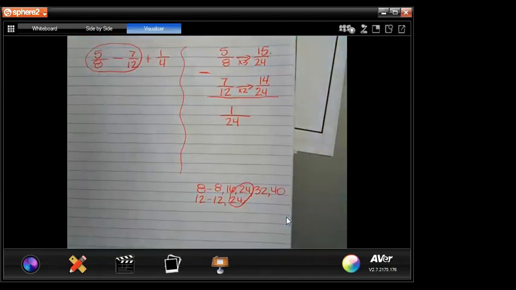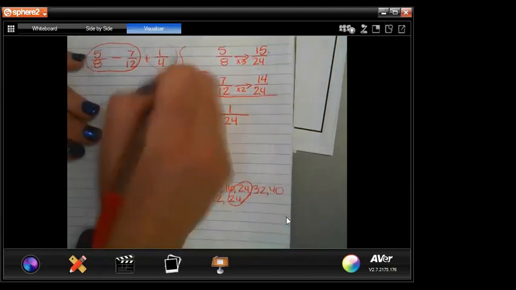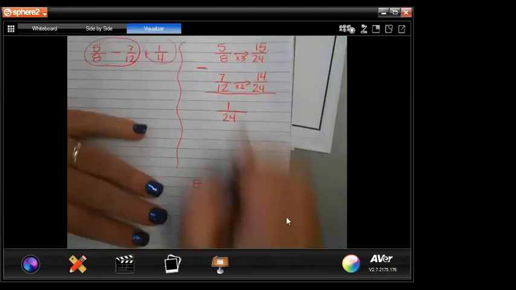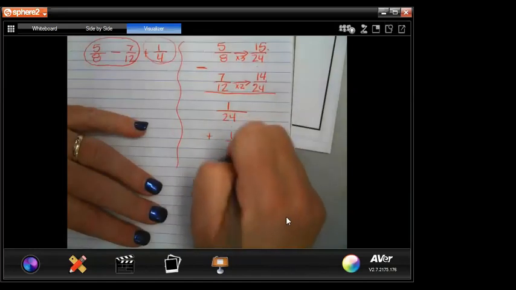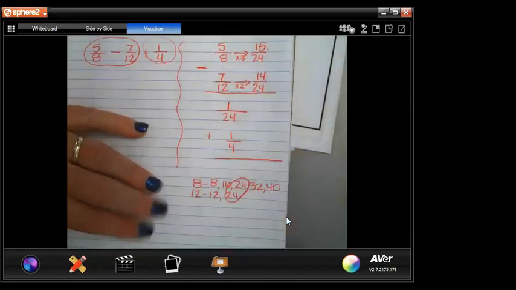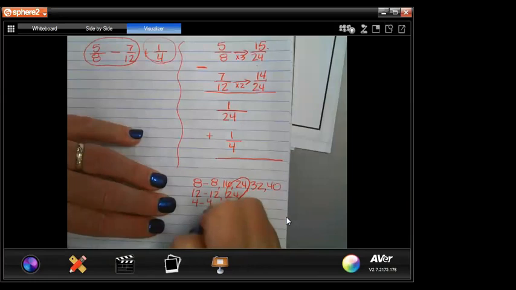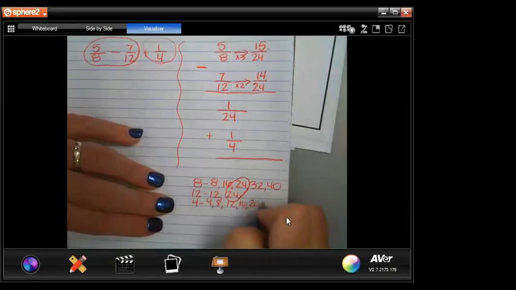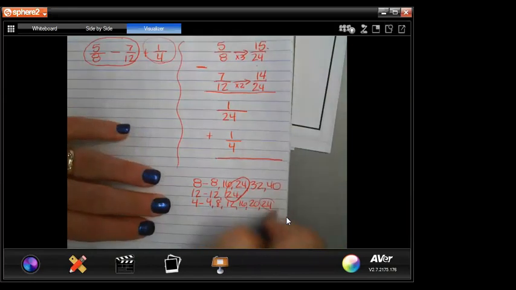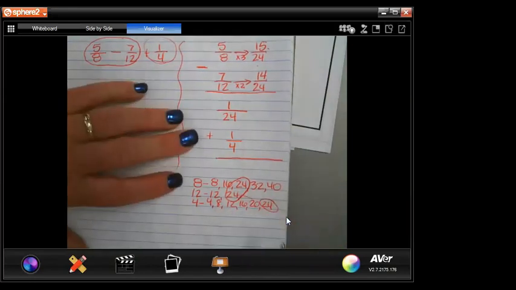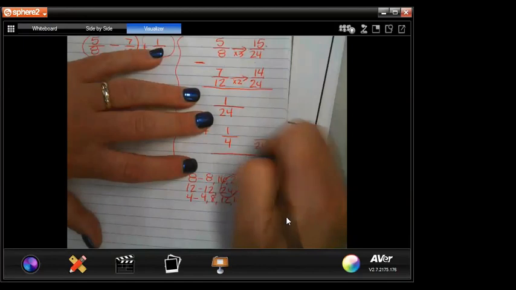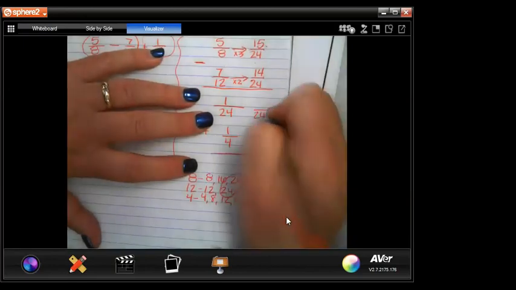Now I'm going to finish this off by adding the last part, which is 1/4. Okay, so now I got to go. Ready? 4, 8, 12, 16, 20, 24. Lucky me. Look it. That would be my least common denominator, least common multiple.